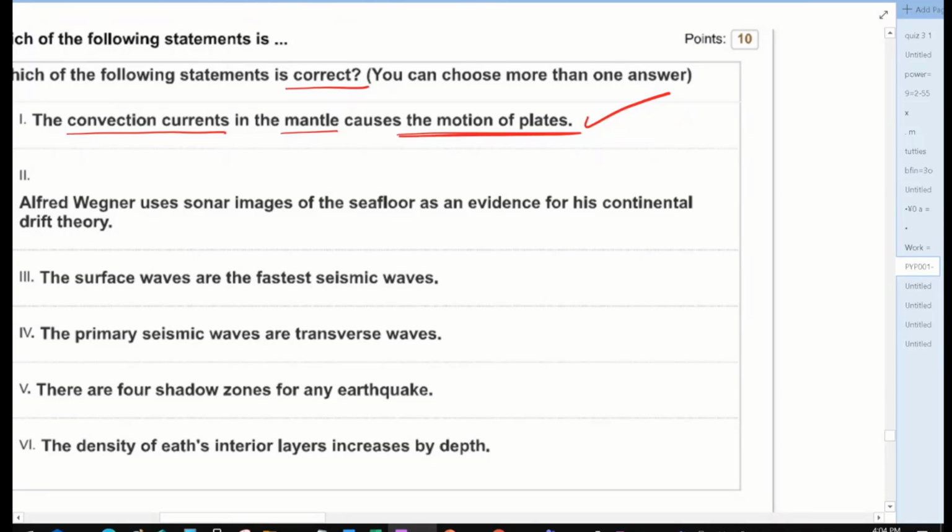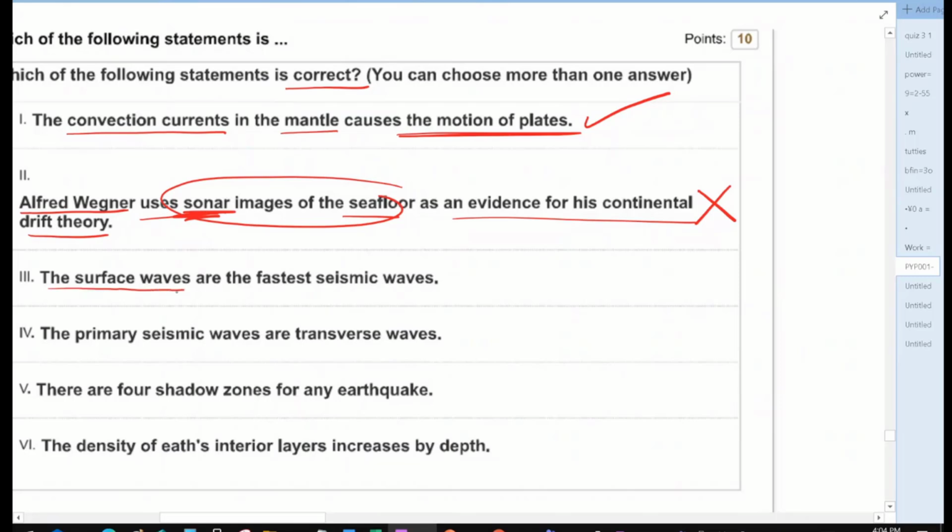Yes. Alfred Wegener uses sonar images of the seafloor as evidence for his continental drift theory. Did he use the sonar? Of course not. No. Harry Hess used the sonar, not Alfred Wegener.